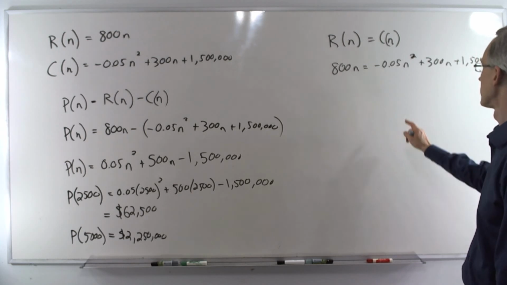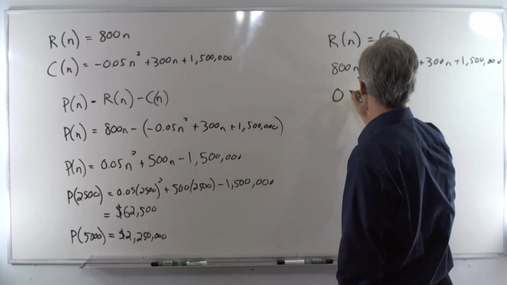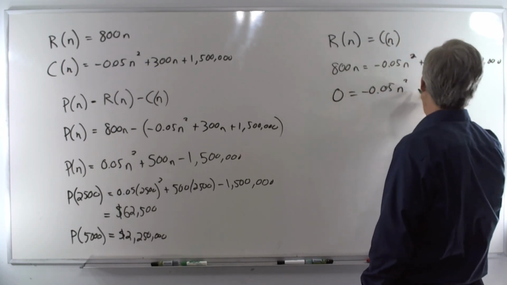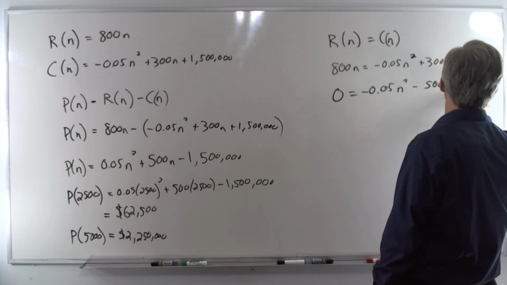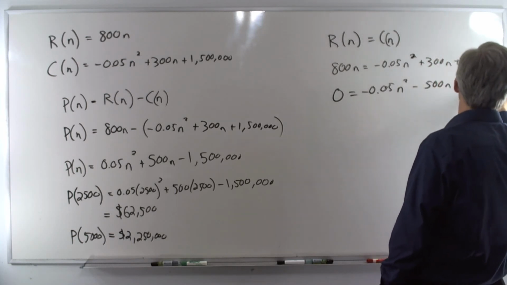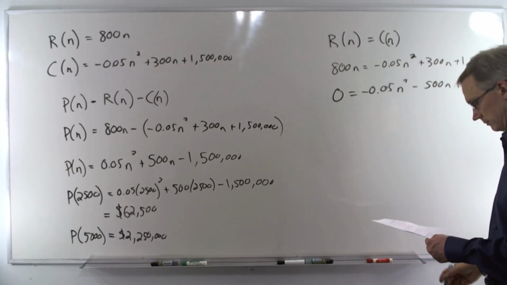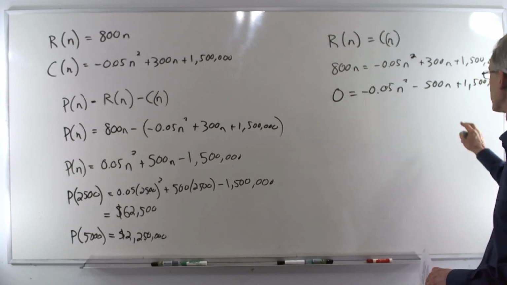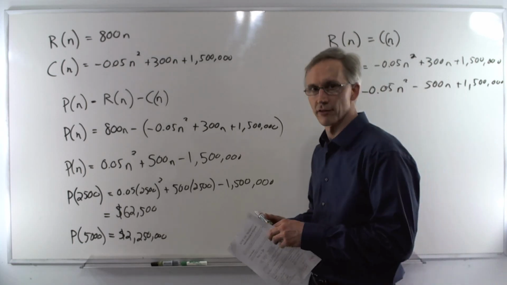Now, in order to solve this, we have to get everything all to one side of the equation. So we have 0 equals negative 0.05n squared minus 500n plus 1,500,000. And now this type of equation is something we're going to learn how to solve later on in the course.